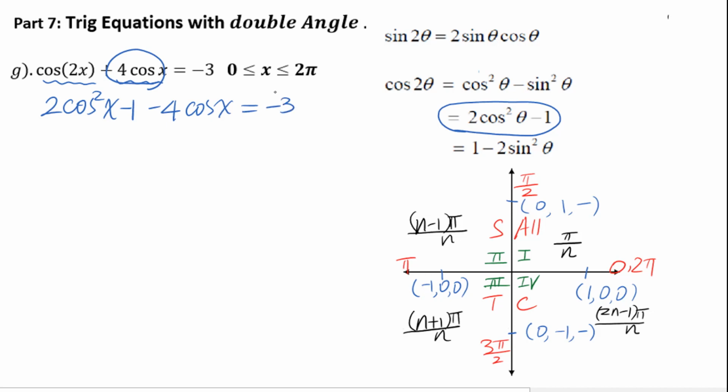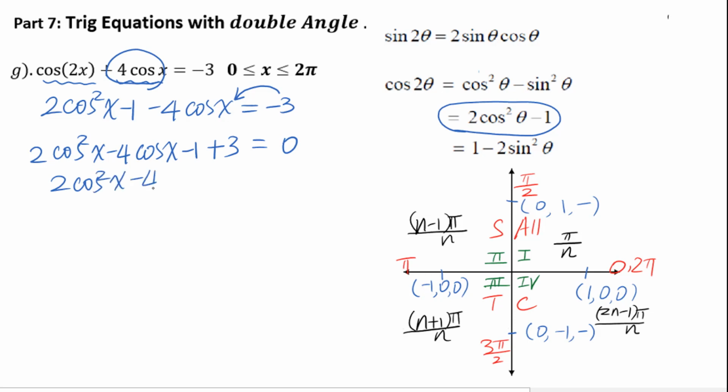Quadratic pattern, so change sign, get equal 0. So you have 2 cosine square x plus 4 cosine x minus 1 plus 3. Combine like terms, 2 cosine square x plus 4 cosine x plus 2 equal to 0. Since this is a quadratic pattern, we need to do the common factor first.